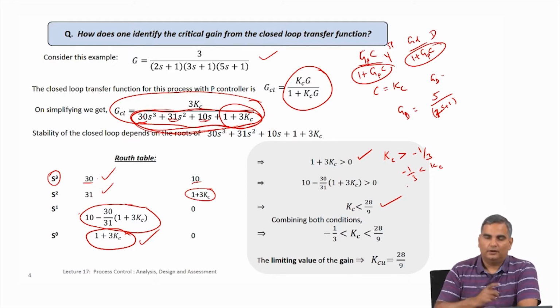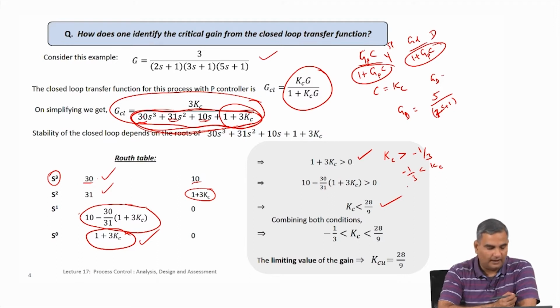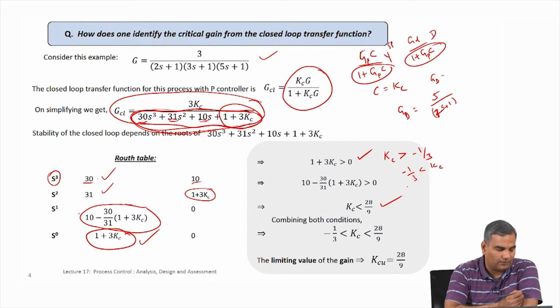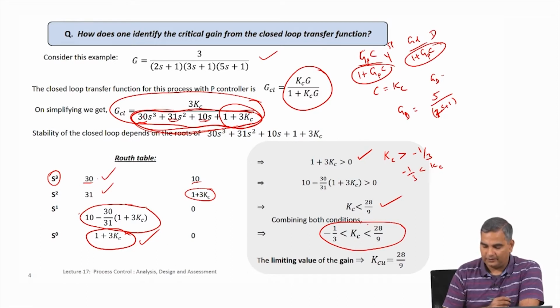The fact that all the coefficients of the polynomial have to be positive gave one condition, Kc greater than minus 1 by 3. The fact that every number in the first column has to be positive, otherwise there will be sign changes, gave the second condition, Kc less than 28 by 9. Putting both together, minus 1 by 3 is less than Kc less than 28 by 9.